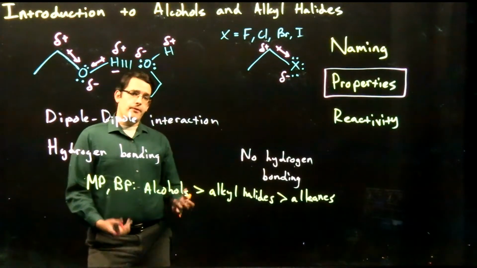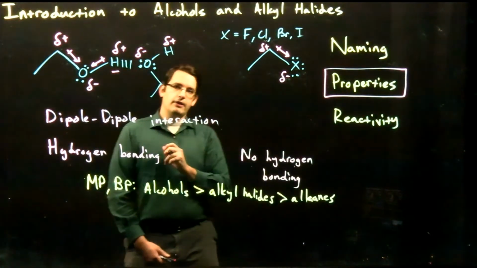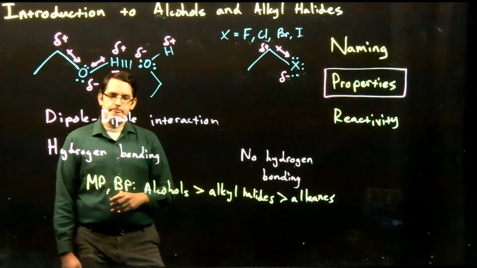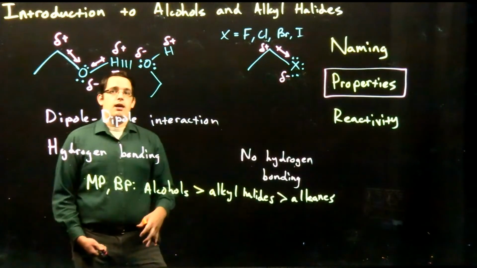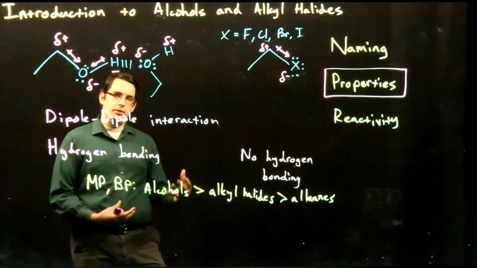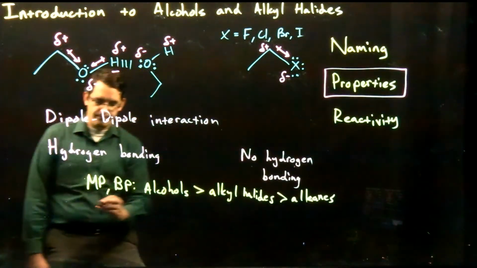As we saw before with our alkanes, these intermolecular interactions will also affect our solubility. So in terms of solubility, the more hydrogen bonding we have, the more likely we are to be soluble with water, since water also uses hydrogen bonds.